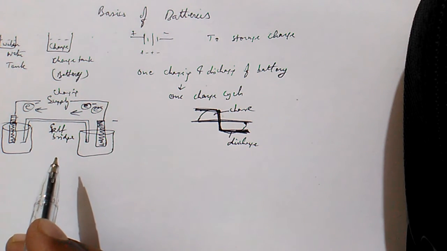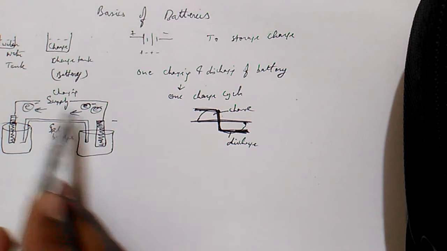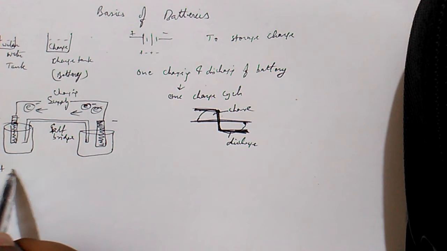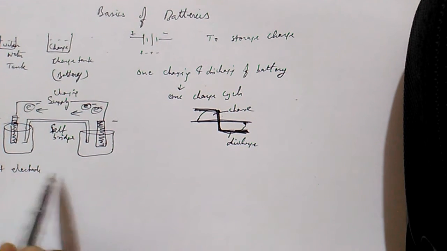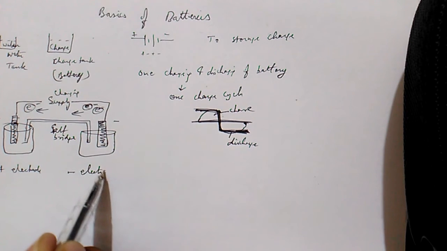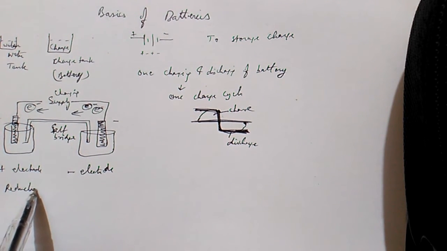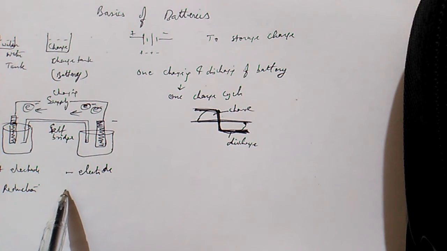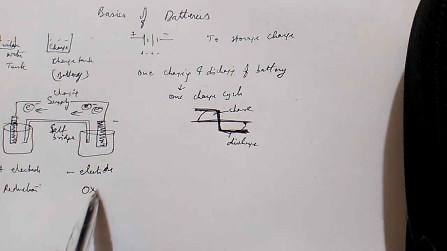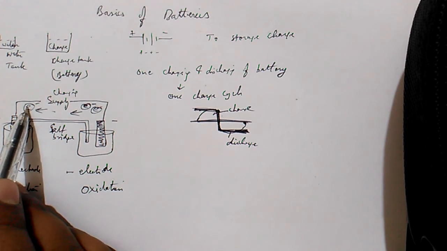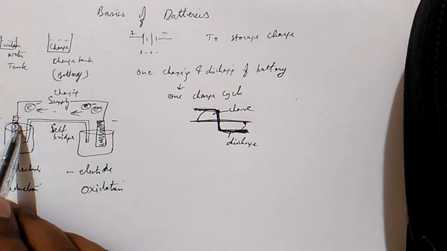In this case, when charge flows like this, the positive electrode is positive and this is the negative electrode. So here is reduction and here is, we can say, oxidation. Means the charge will collect here.